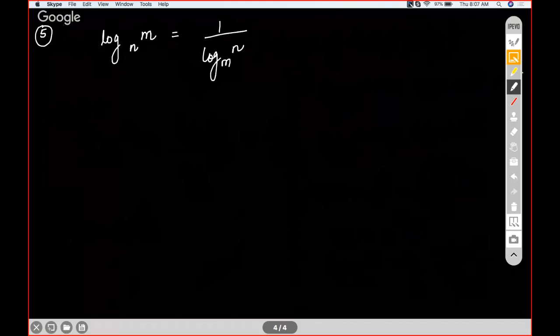So if log m to the base n equals something, then n to the power x equals m. If n to the power x equals m, am I getting somewhere here? You can use the previous property itself. Oh, it's related to the previous property? Yeah, it actually means you have to prove this into this is 1.